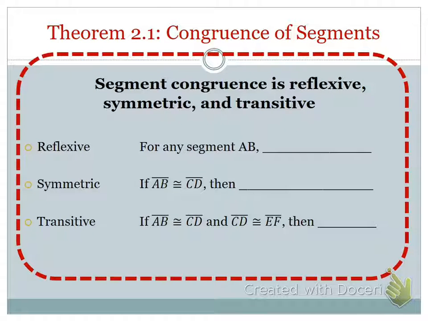These are going to look familiar. I kind of alluded to this before when we did our properties of equality, but now we're going to be doing those properties for congruence. So I've mentioned this a little bit before. It's going to become a bigger deal now that we're getting it in our notes.